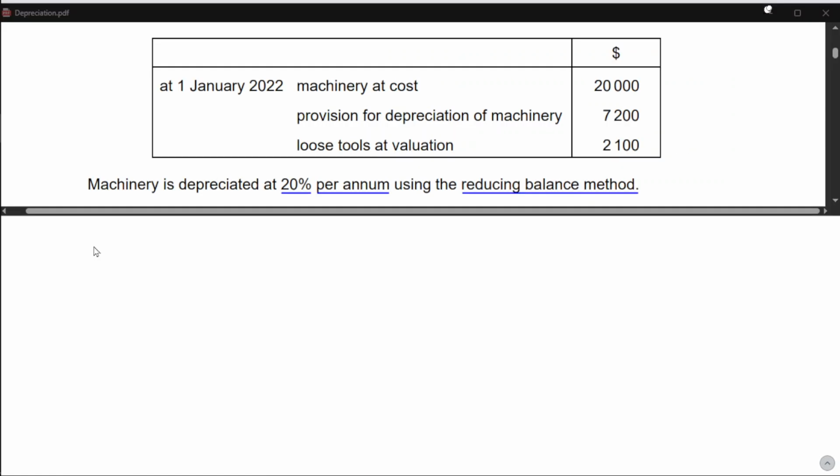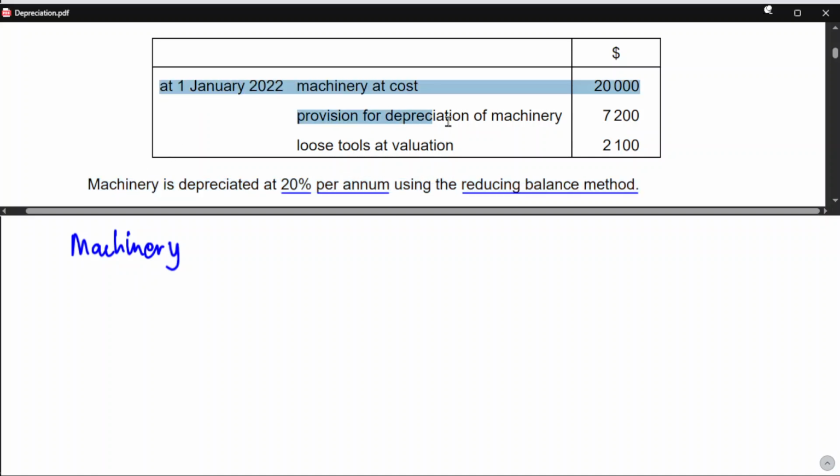Okay, now let's look at the things we just highlight. So you want machinery, so let's put machinery. Let's list down the format. So let's go to machinery.